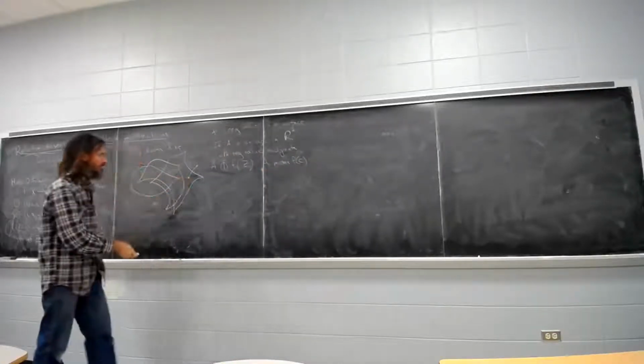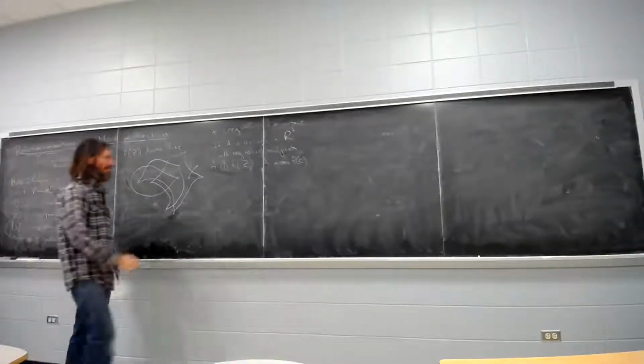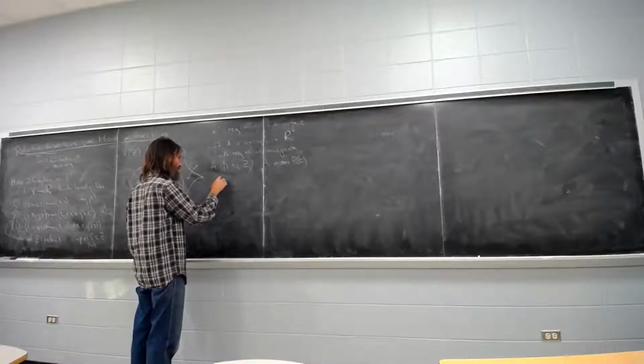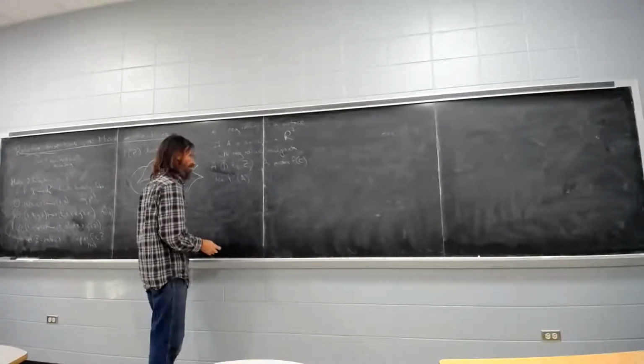So that's an example, or I could have drawn a longer one, right? Then F inverse of A is actually going to be a three manifold.